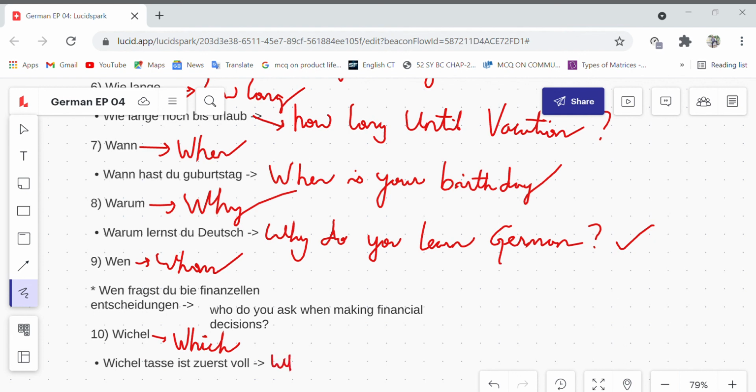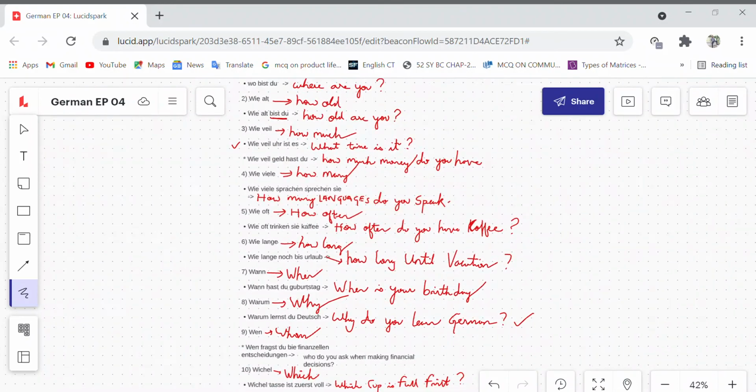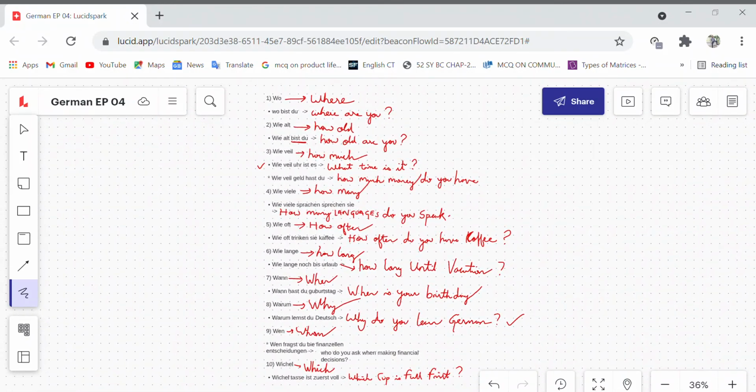Which cup is full first. Welche is which. Sentence: welche Tasse ist zuerst voll, which means which cup is full first. Let me zoom it out so that it would be easy for you to take a screenshot. Now you can take a screenshot.